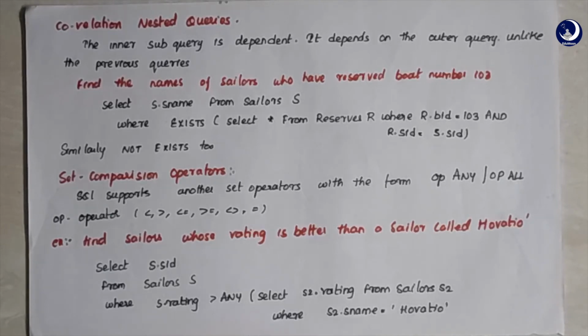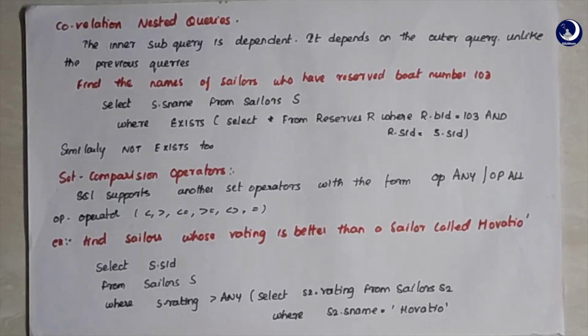So first let's look at the outer query, which is select S.name from sailors S where exists (select star from reserves R where R.bid is equal to 103 and a cross product condition). So for every sailor name in the sailors table, we check if there is any person who has reserved 103. This is how the flow goes.